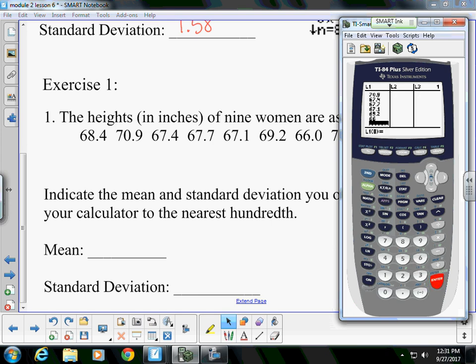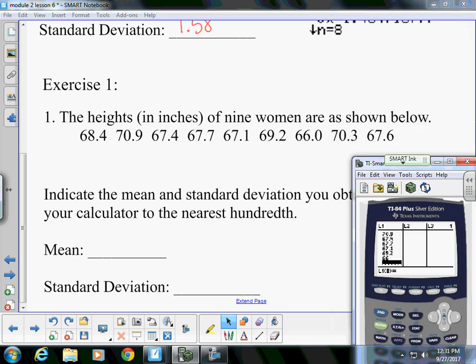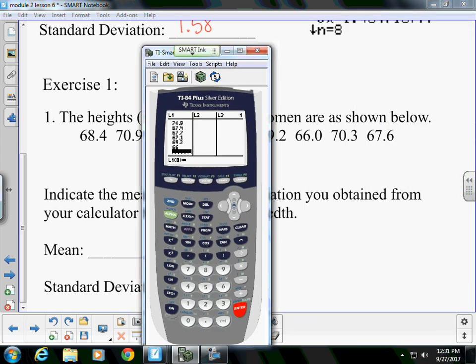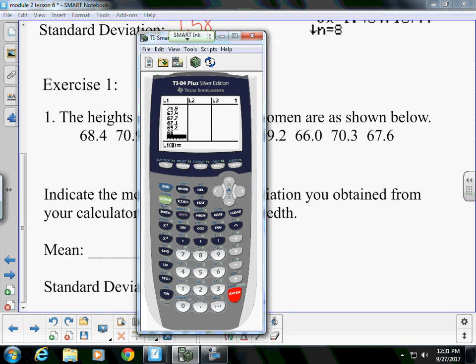The next one hiding behind my calculator is 70.3 and 67.6.